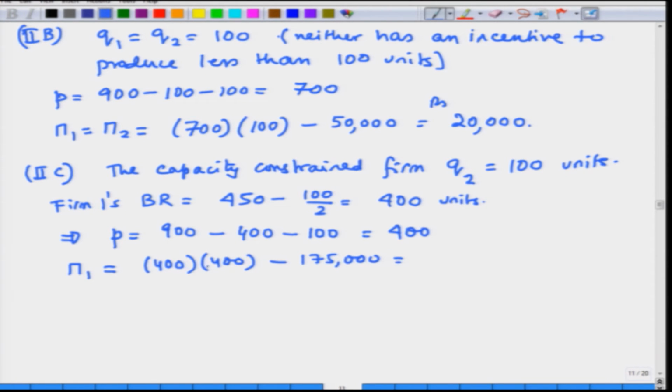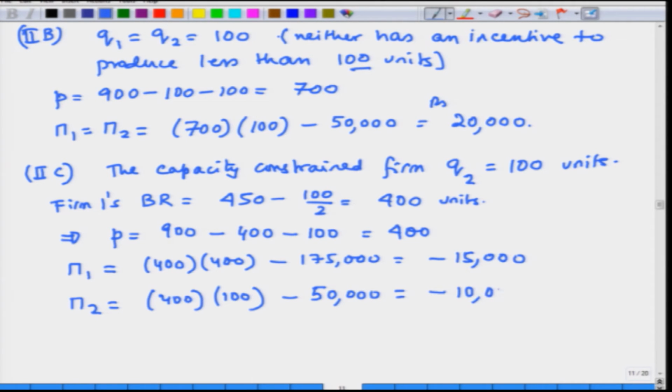So, this is 160,000 minus 175,000. So, that is minus 15,000, whereas for firm 2, which is capacity constrained, the price at which it sells its product is 400, its output is 100 because it is capacity constrained, but then because it has invested in a smaller facility, its fixed cost of investment is 50,000. So, that is 40,000 minus 50,000, which is minus 10,000, right.